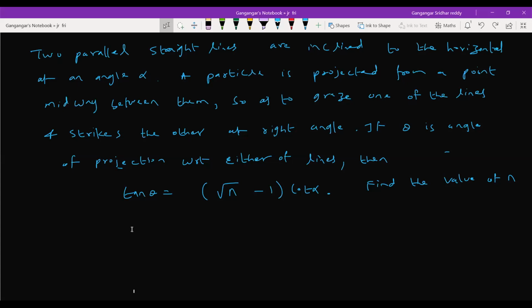Some very important, grace, so as to graze one of the lines and strikes the other at right angle. I think this sentence is very important in constructing the diagram. Sir, n is 2, sir. We'll see. I'll solve it. Okay, sir.